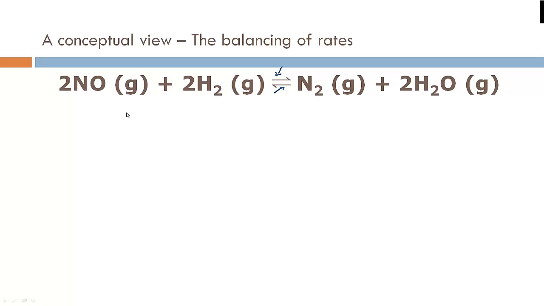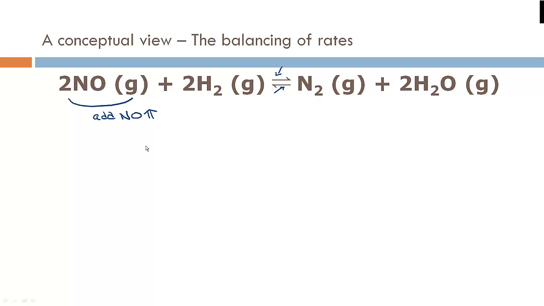So let's think about what will happen if I increase the amount of NO that's in the system. Remember, the system was at equilibrium. Now I add NO, which I will often write as a two-bodied arrow, a fat arrow.